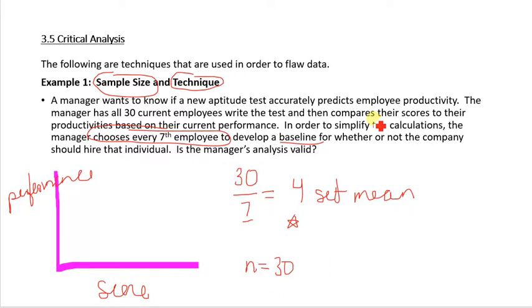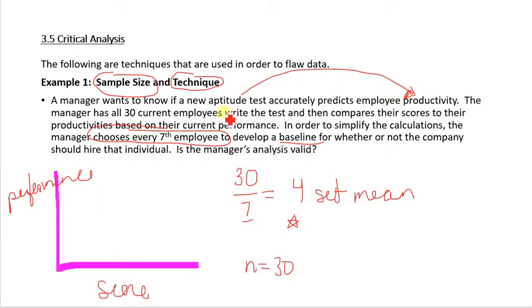Aptitude test and productivity. It depends on what the aptitude test is actually measuring, because he would need to have it job specific in order to measure the productivities for each position individually.